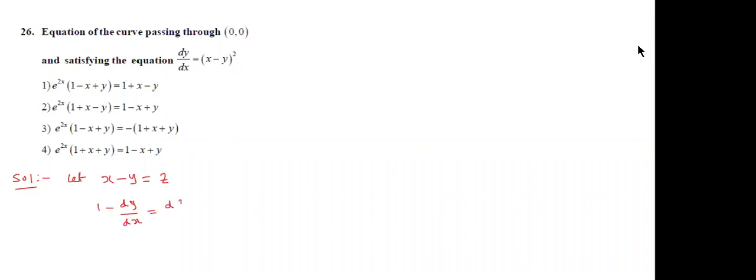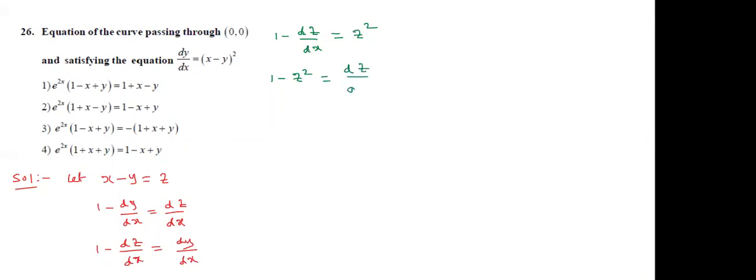Dz by dx. Now finally, 1 minus dz by dx, that is equal to dy by dx. Substitute here. Dy by dx means 1 minus dz by dx, that is equal to x minus y means z square.